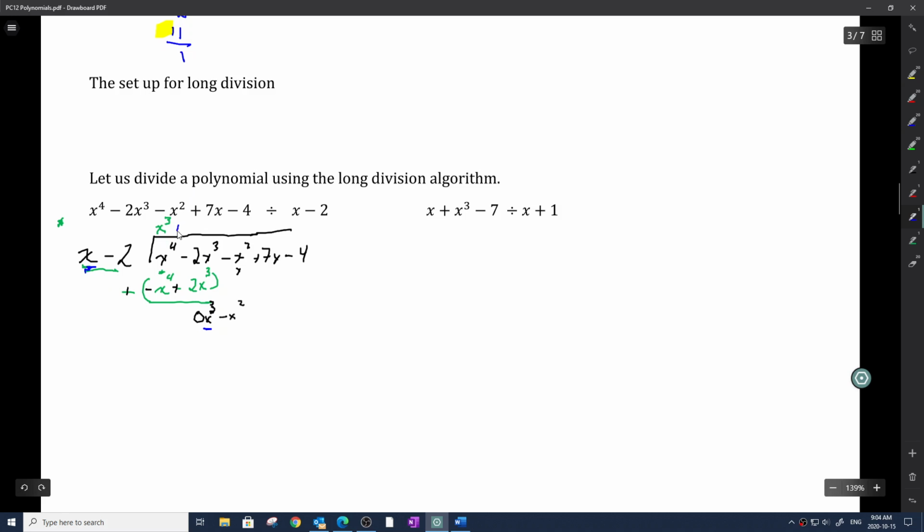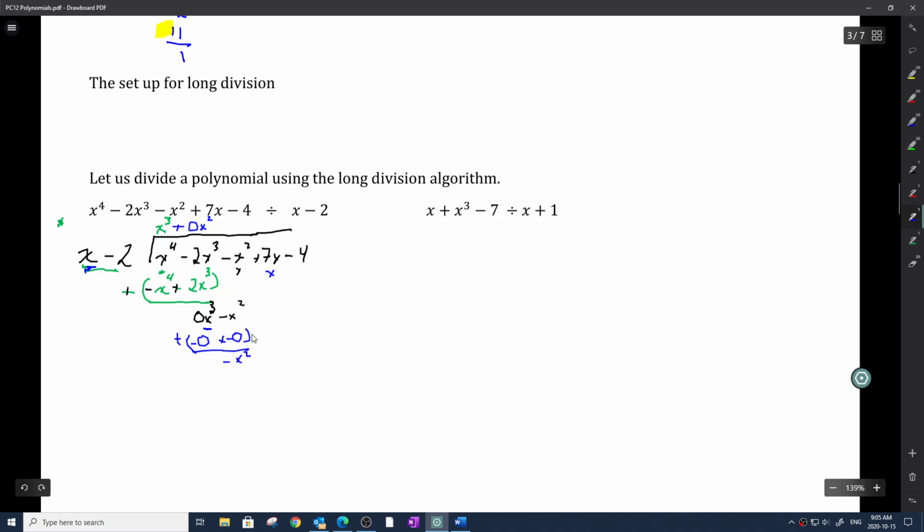Well, that would be 0. 0x squared if you want. 0x squared times x gives me 0. 0 times negative 2 also gives me 0. So really what I carry down is negative x squared. And I did that so fast because really I can change it so I would be adding negative 0. First terms cancel out. Negative x squared minus 0 is negative x squared.